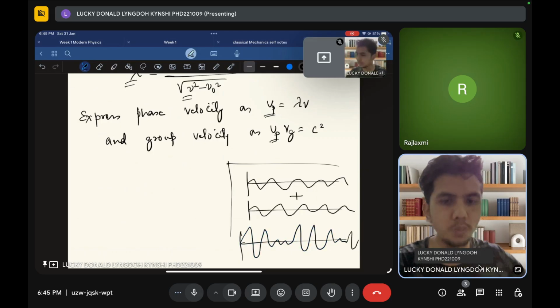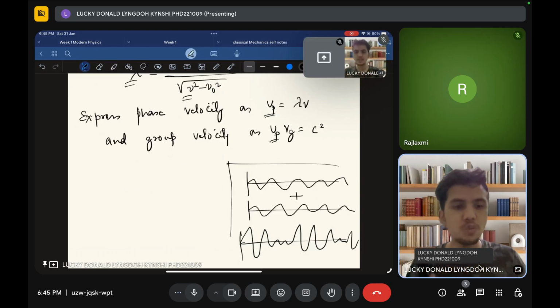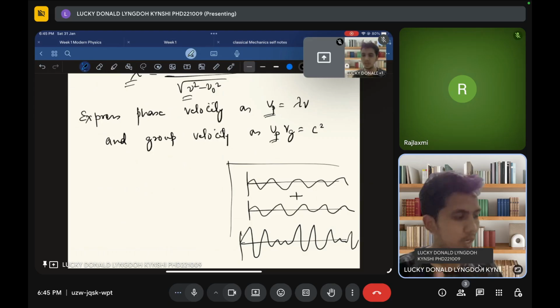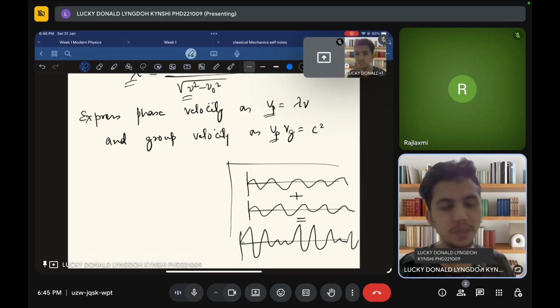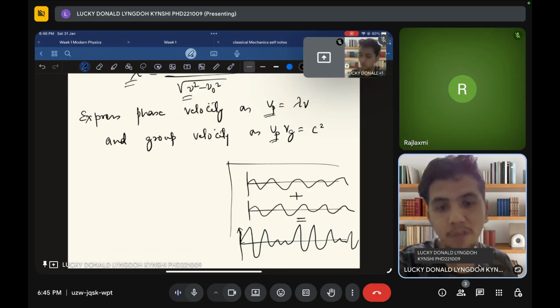Each wave travels with its own velocity, called its phase velocity. But when you put them together, they travel with a resultant velocity called the group velocity. This is just a simple schematic diagram; you can go into more detail in the textbook, which has a proper schematic diagram or reference.